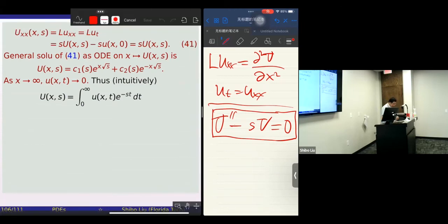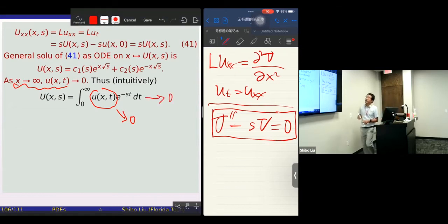Intuitively, this goes to 0. That is our requirement for the solution, right? So capital U should go to 0 when x goes to infinity. This is a result from our requirement for the solution. Okay, this is the explanation why.